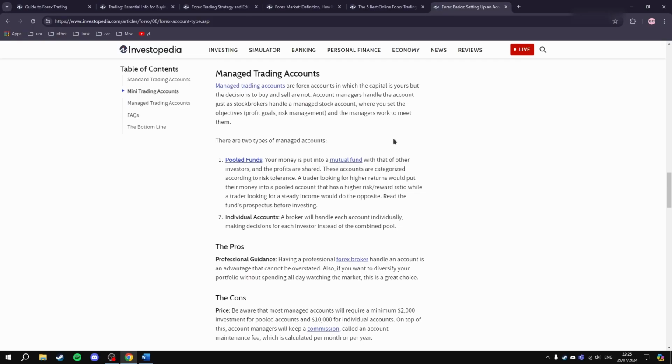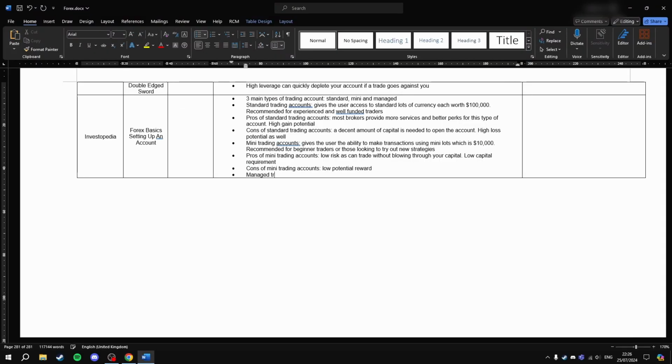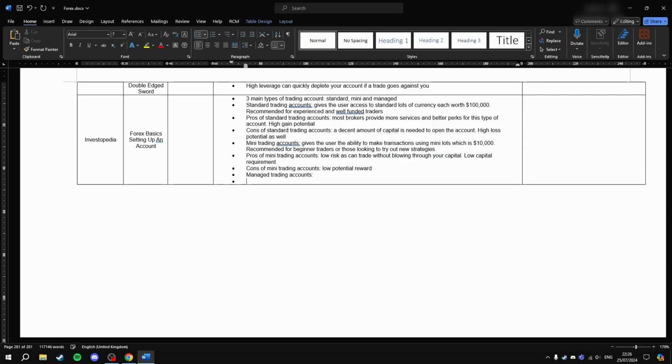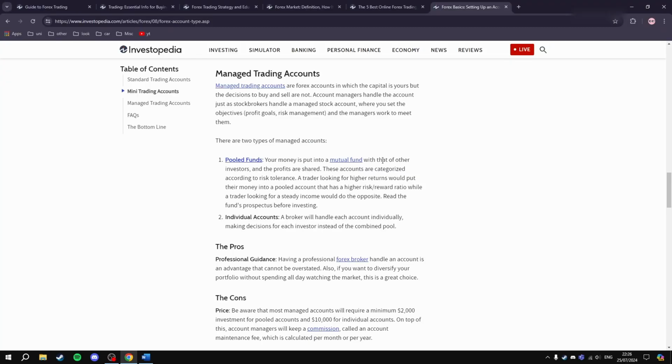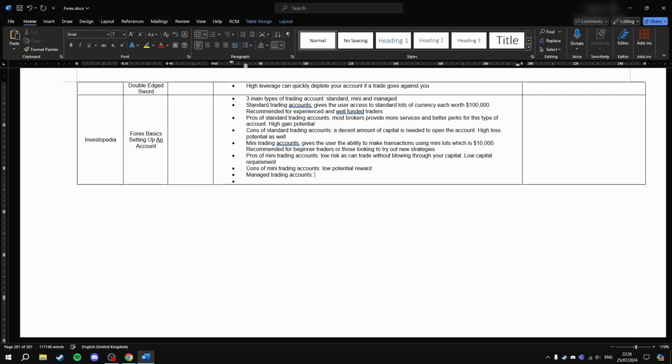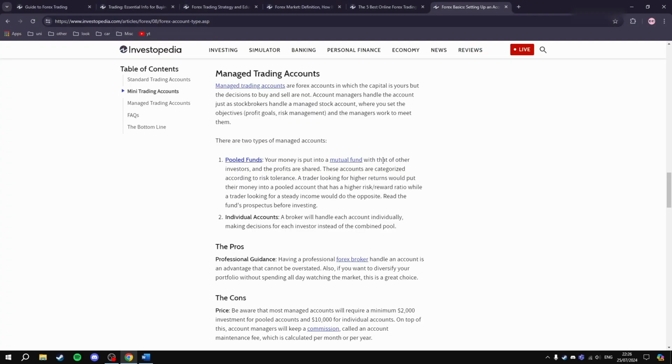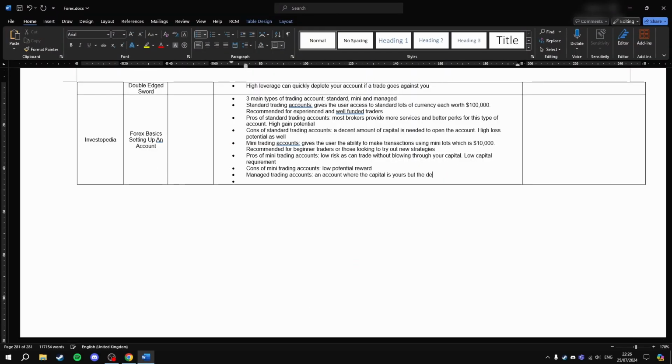Managed trading accounts. So managed trading accounts are forex accounts in which the capital is yours, but the decision to buy and sell are not.